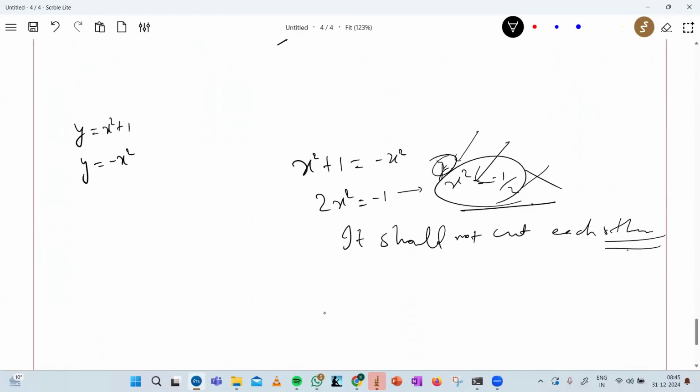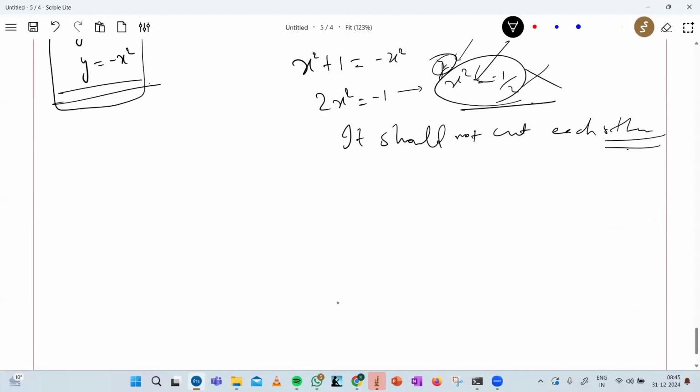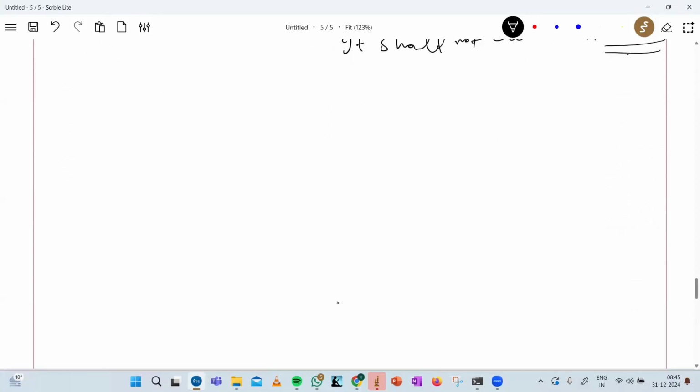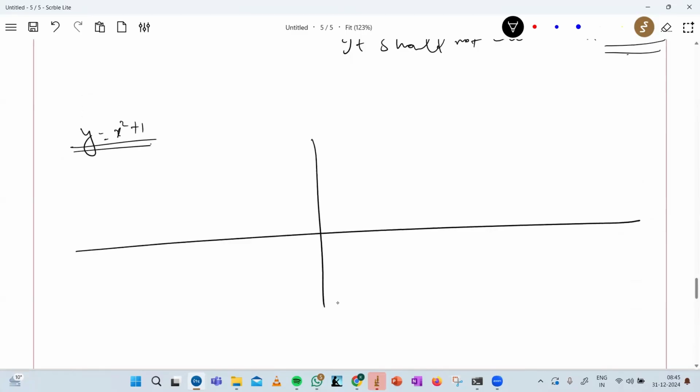But here, these two can't have any intersection because we are getting that it has no solution. So graphically, let's see what happens. y equal to x square plus 1. How can you make the graph of it?